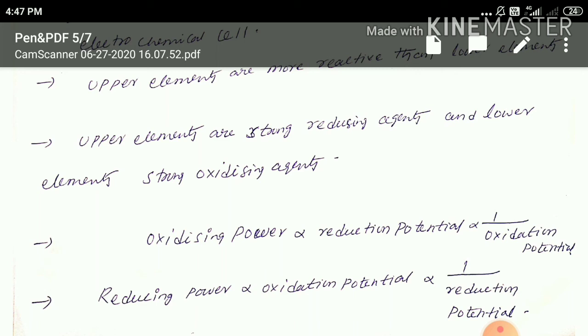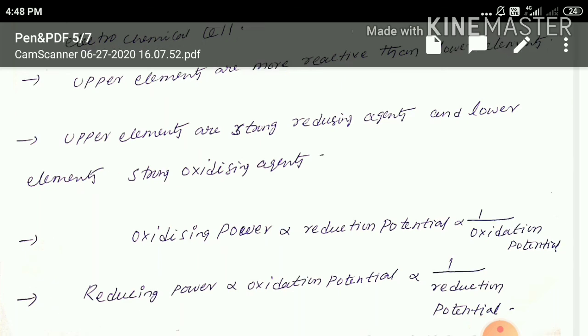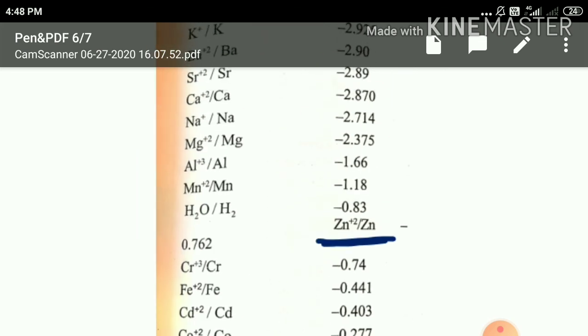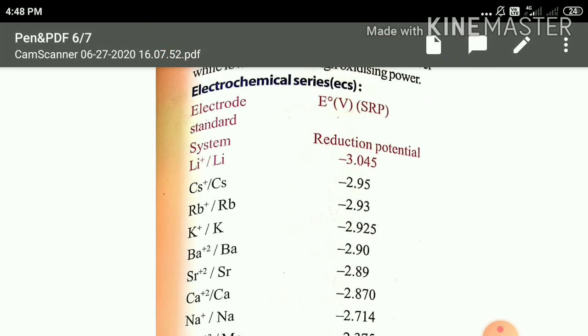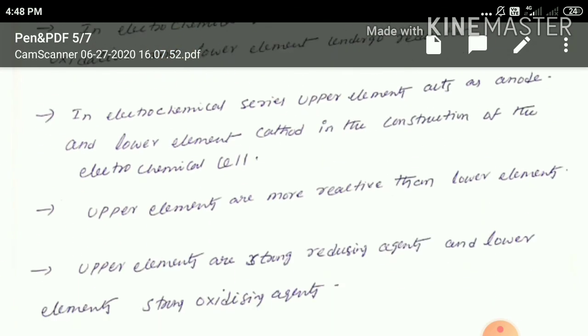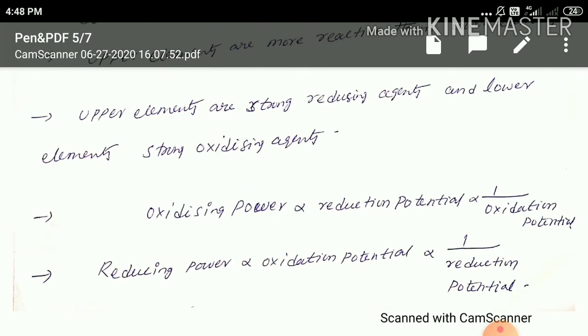Simultaneously, reducing power is inversely proportional to reduction potential and directly proportional to oxidation potential. For example, lithium has the lowest reduction potential value, that is minus 3.045. So here lithium is a powerful reducing agent.